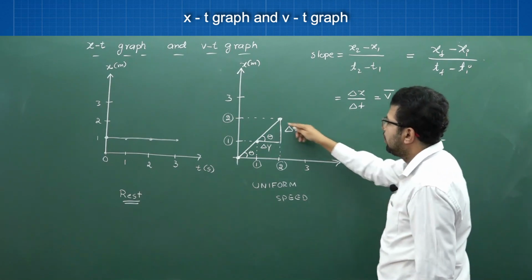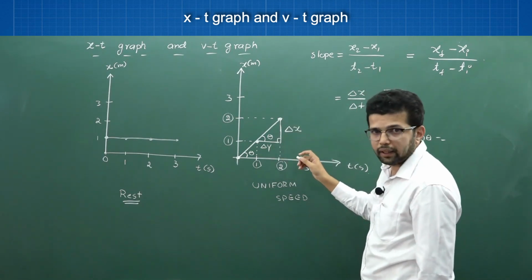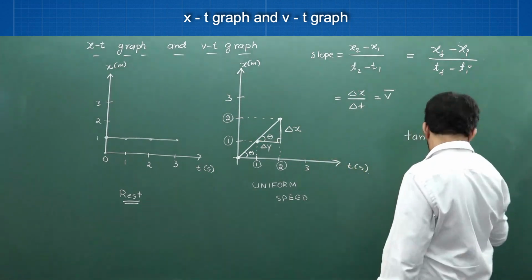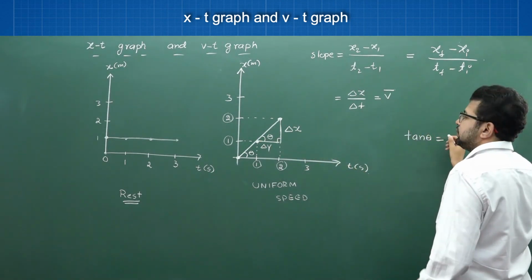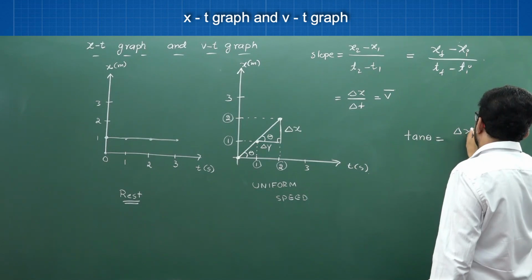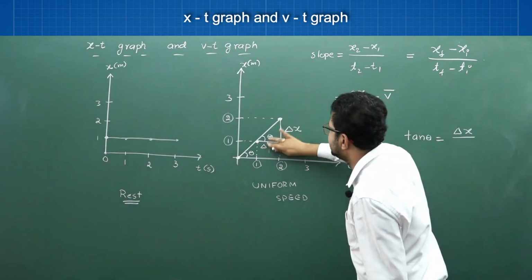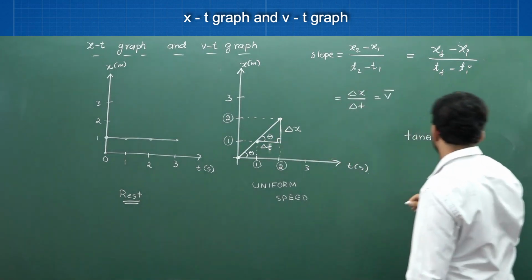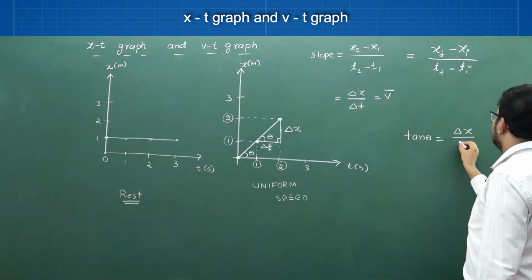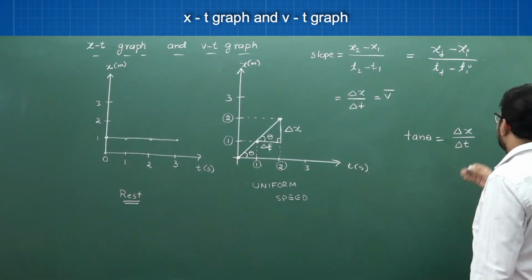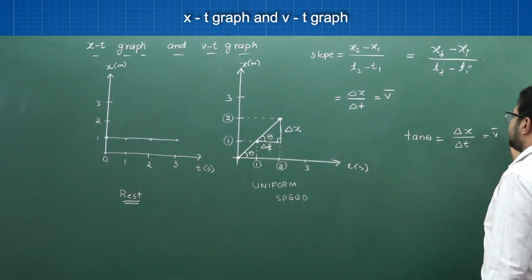is equal to, see this is a right angle triangle, correct? Tan theta is equal to opposite side by adjacent side. Opposite side is delta x divided by adjacent side, which is delta t, delta x divided by delta t. Again, delta x by delta t is average velocity or velocity.